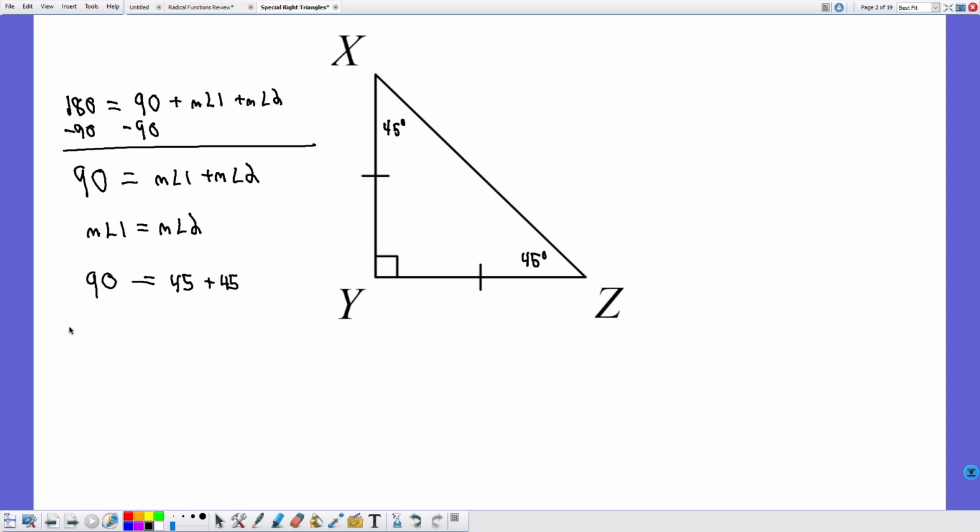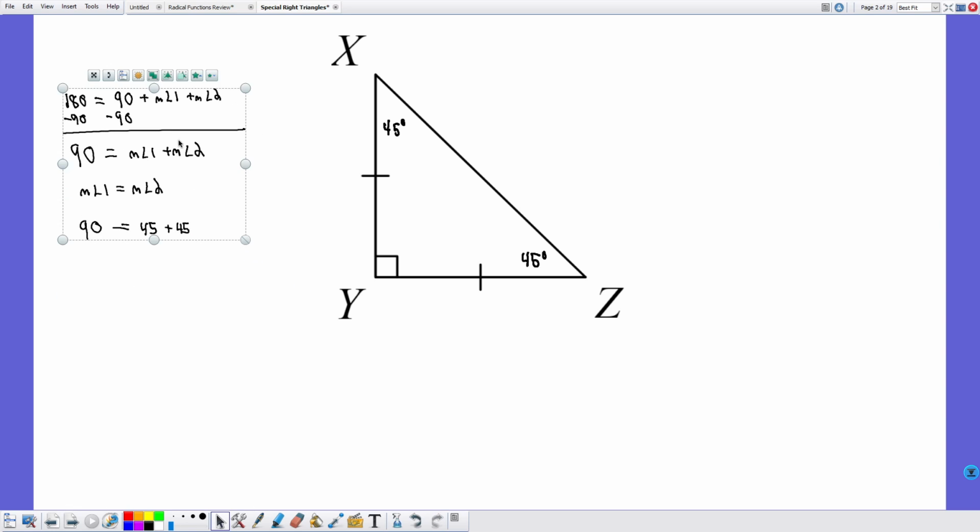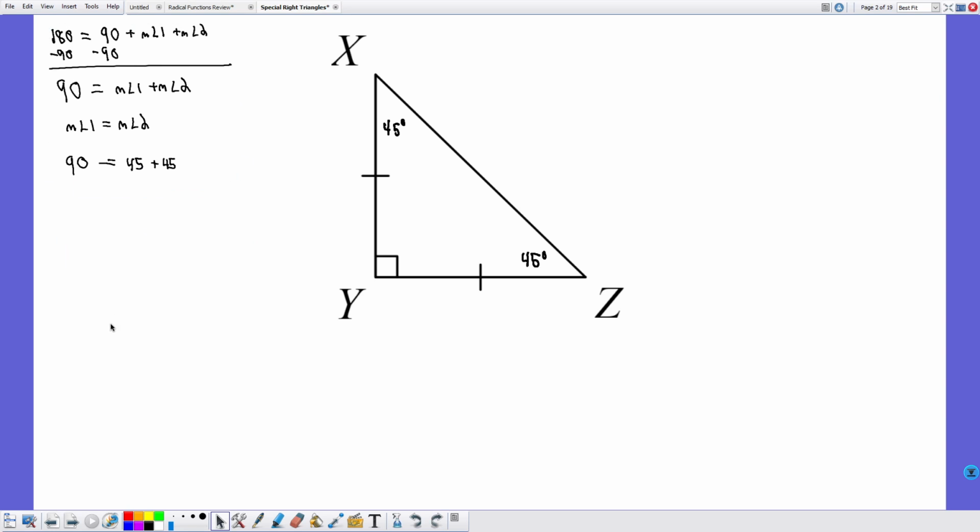Typically we would have two side lengths and we could find a missing third side length in a right triangle using it. But what if I don't know anything about the values of its sides? What if I just knew that it was isosceles and a right triangle?